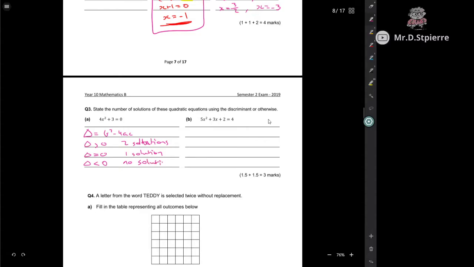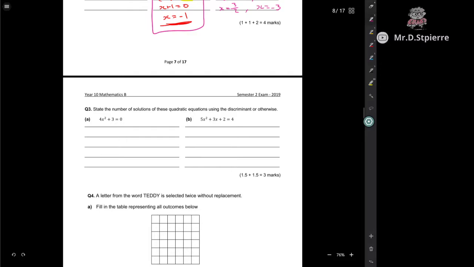So that's what we're doing here, just remembering that formula b squared minus 4ac, which makes up part of the quadratic formula. And we're going to use that to check how many solutions these equations have. So let's have a go.